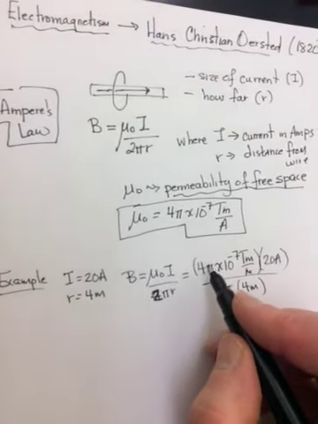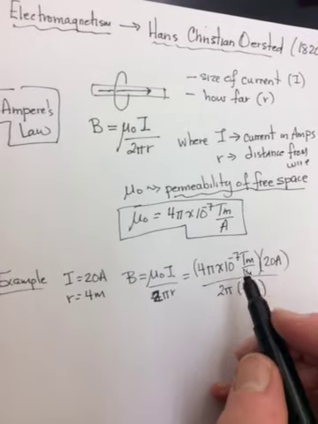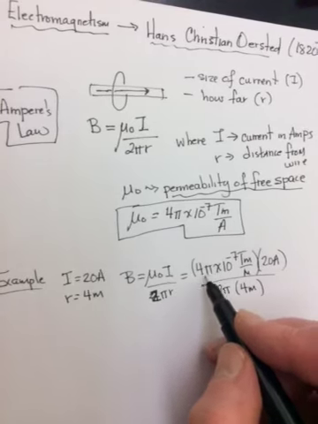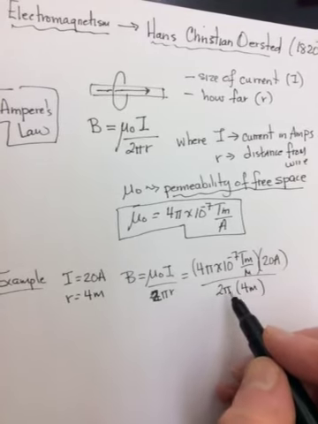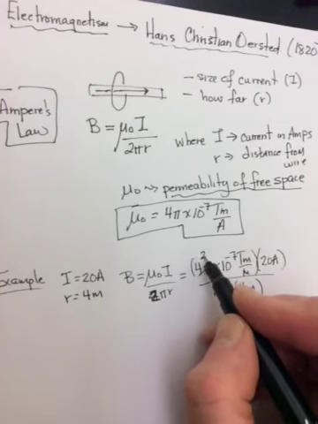Now, if you try to put 4 pi exp negative 7 in your calculator, it will not let you. Okay, but you don't need to put it in your calculator because look, you have 2 pi and you have 4 pi. Cancel them out. 2 pi goes into 4 pi twice.